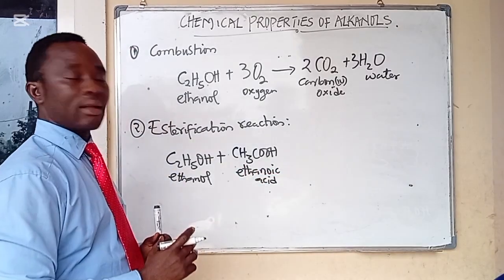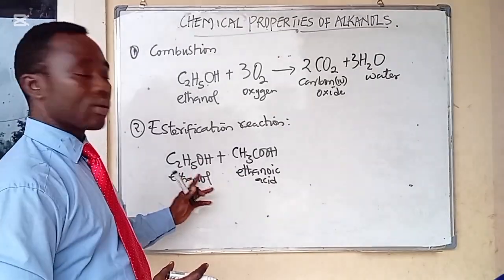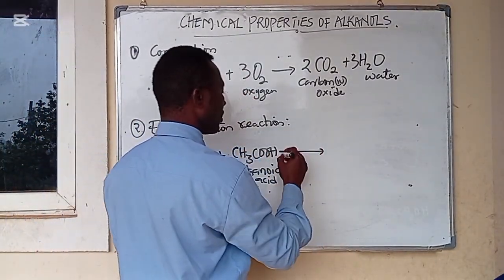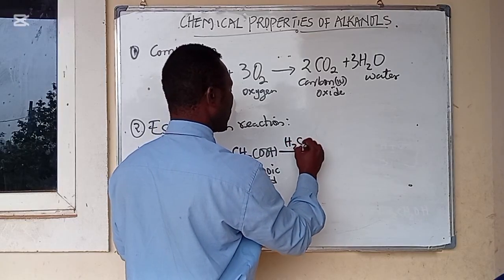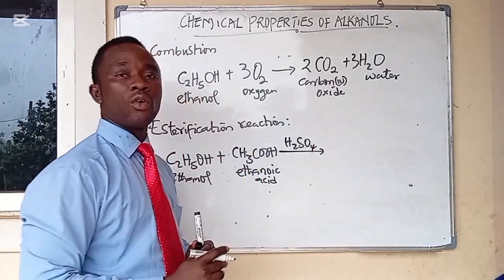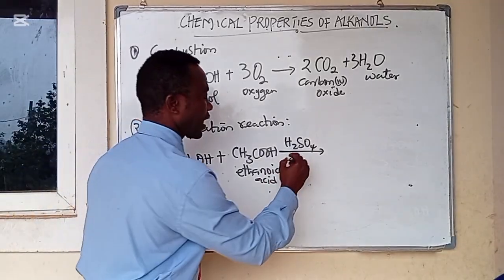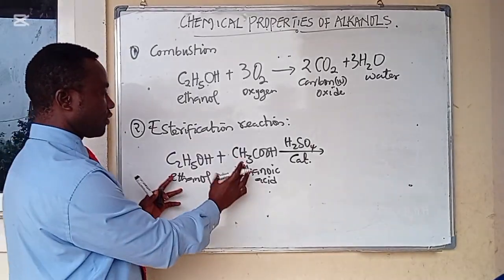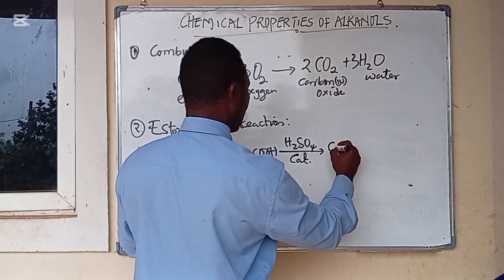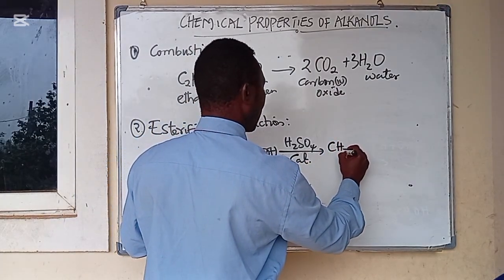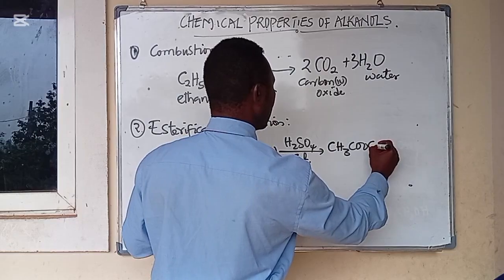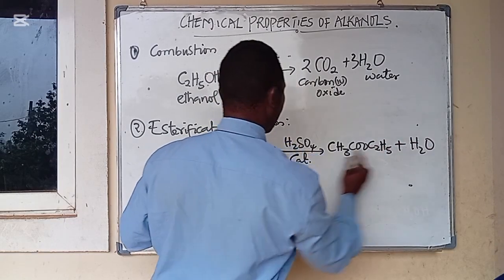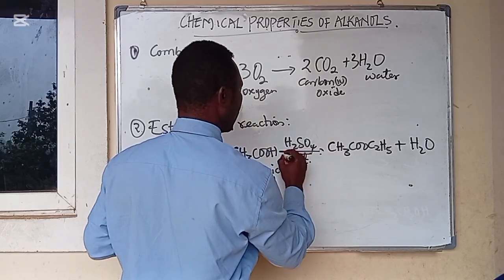So when an alkanol like ethanol reacts with ethanoic acid in the presence of H2SO4, so H2SO4 here is acting as what? As a catalyst. So when the 2 of them combine, you will have CH3COOC2H5, then plus H2O.